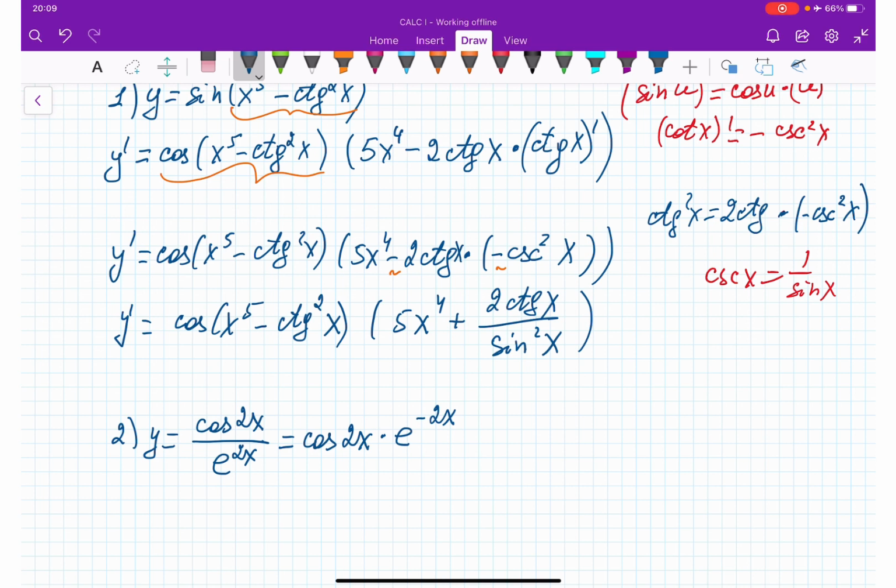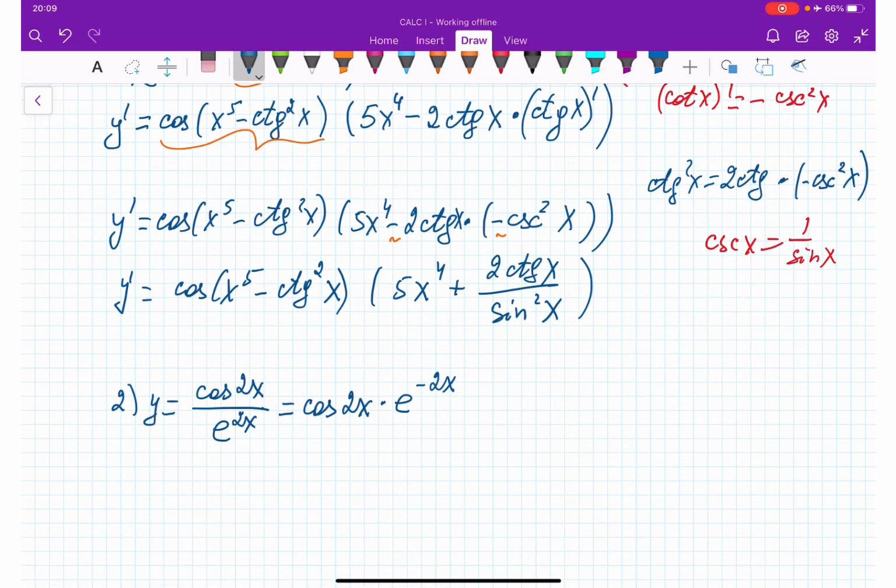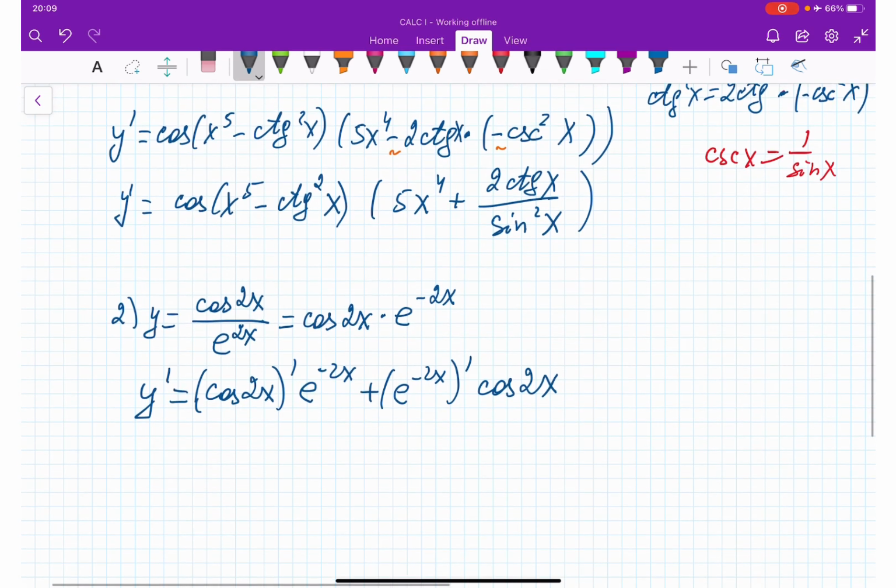So, y prime is equal the derivative of cosine 2x times e to power negative 2x plus the derivative of e to power negative 2x times cosine 2x. All right, let's work on it. Y prime.